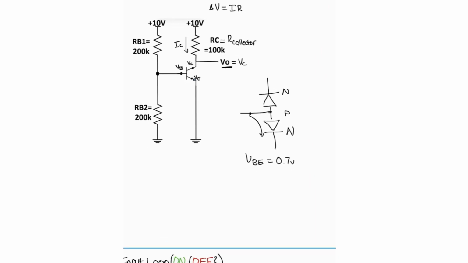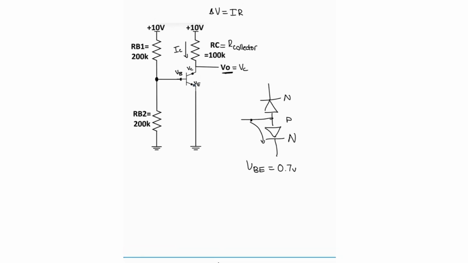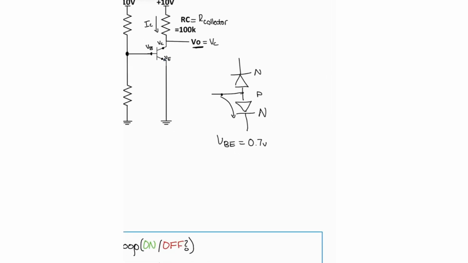Essentially these devices have two modes: an active mode and a saturation mode. For this device to be in active mode, the base to emitter has to be in forward bias, so there's a current flowing through this device here.